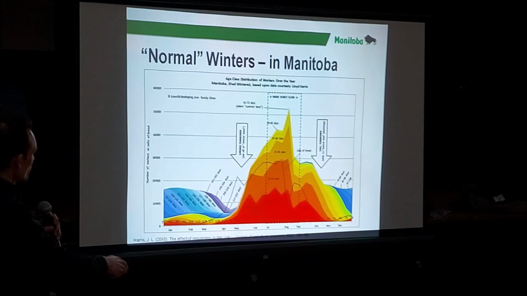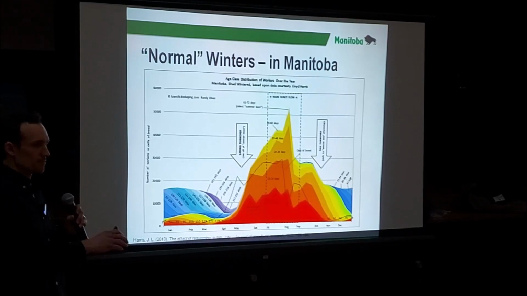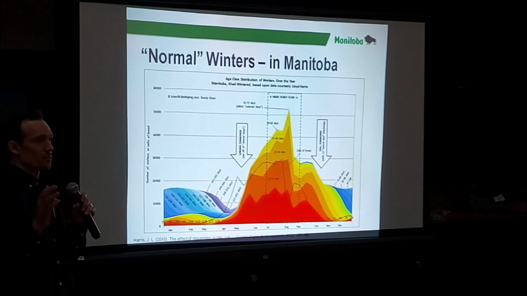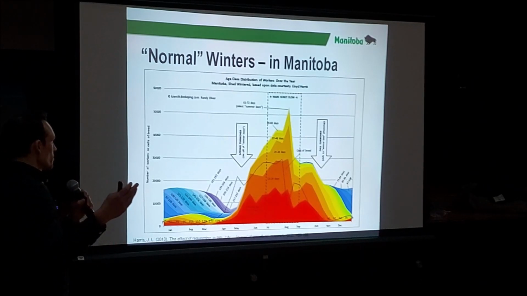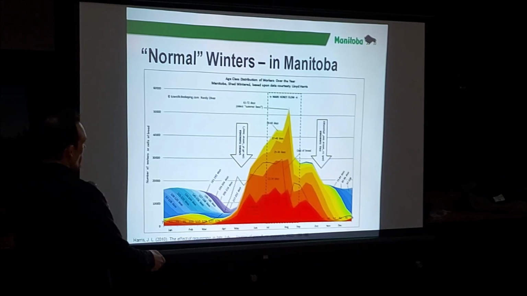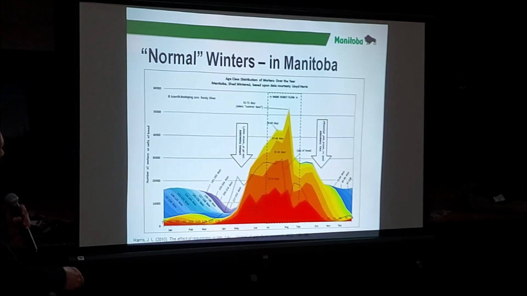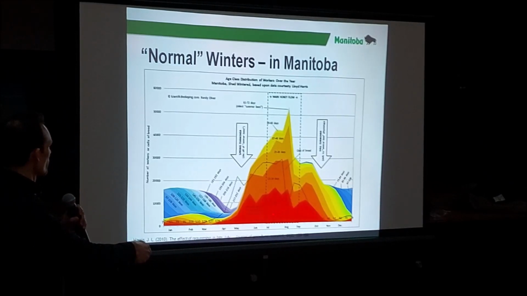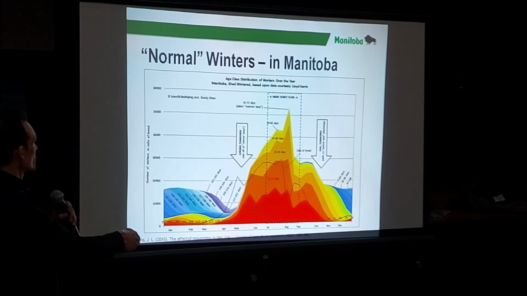The different colors on here represent, so Lloyd Harris painstakingly went through colonies and marked thousands of bees over the course of many weeks. And so these are the different cohorts of bees. The red bees are the bees in there from 0 to 12 days of age, 13 to 24 days of age in yellow or orange, and then the yellower shades there, 25 to 36 days, 37 to 48 days, and so on.